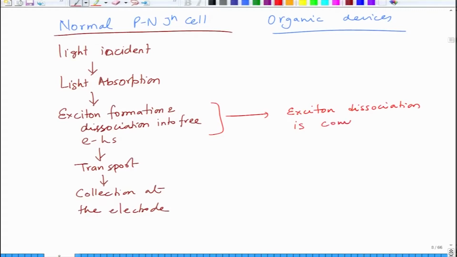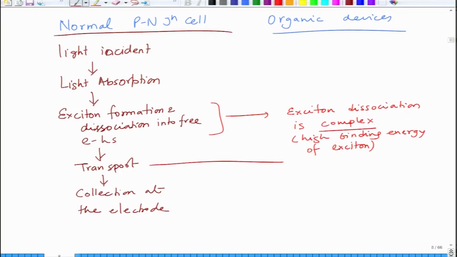It is rather complex, because of the exciton binding energy, and then again exciton transport, then carrier transport is also an issue, because carriers have a smaller diffusion length, and these excitons also have a smaller diffusion length.